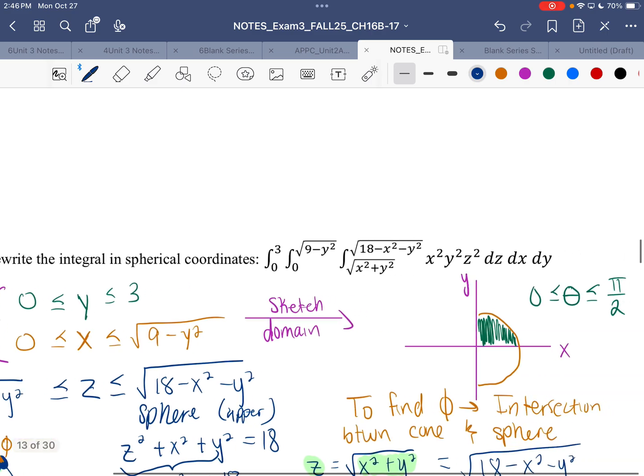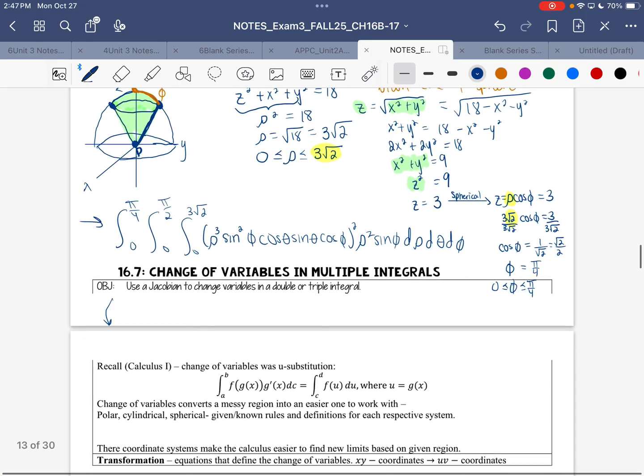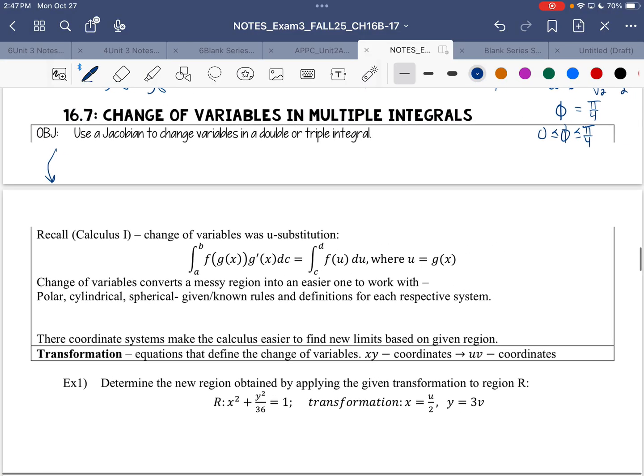Just like what we were looking at a second ago, if we were trying to deal with those boundaries, it was not gonna be that easy to put those in and simplify. Especially because when you integrate z, it's going to be 1/3 z cubed, and then you have a square root in there. The cube and the square root are not canceling each other out. So it just becomes kind of a mess.